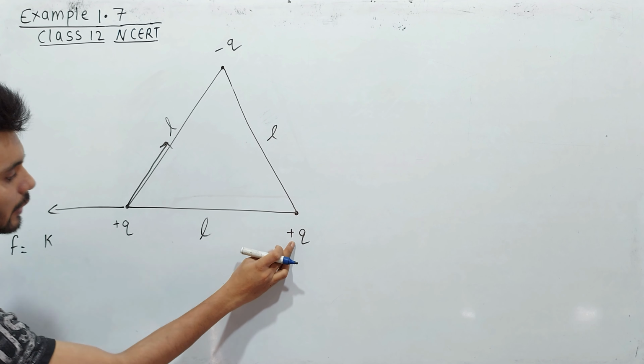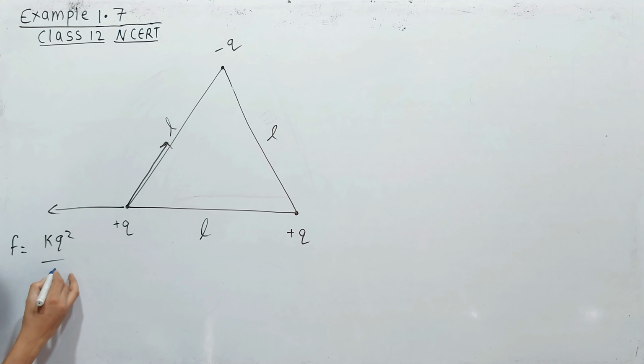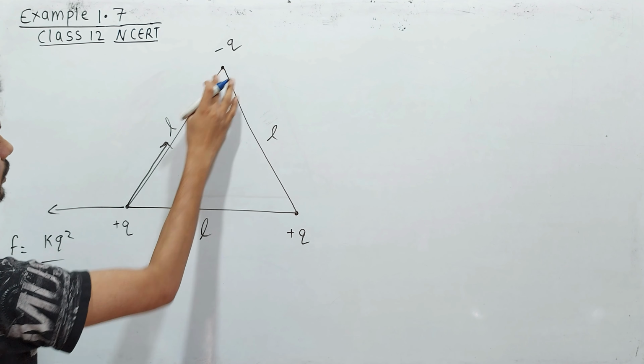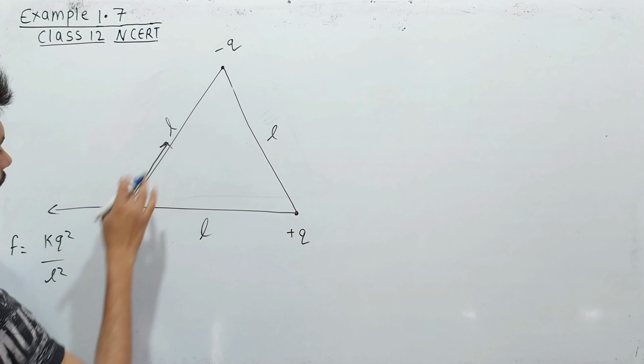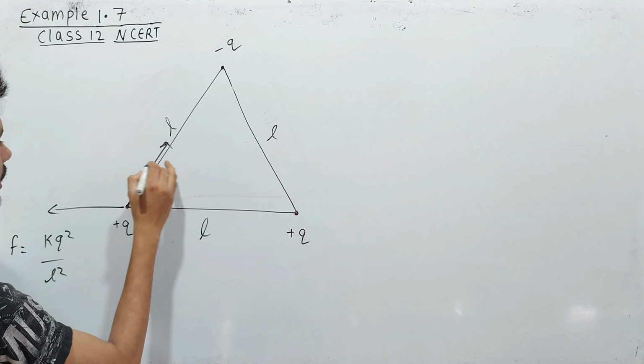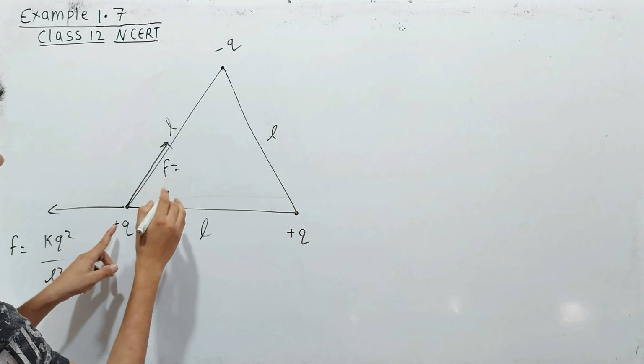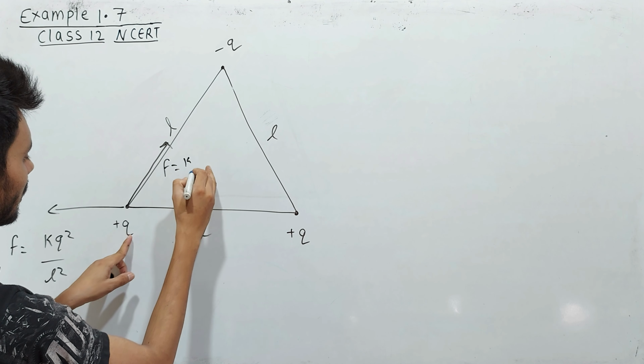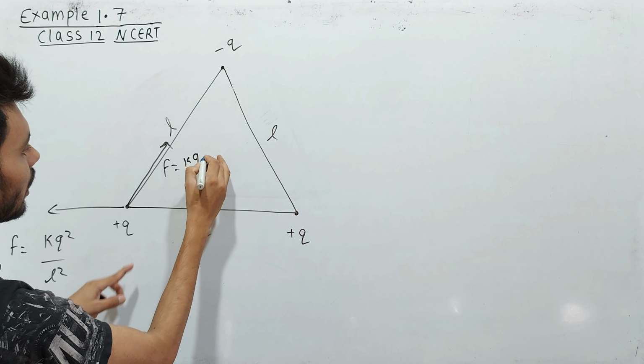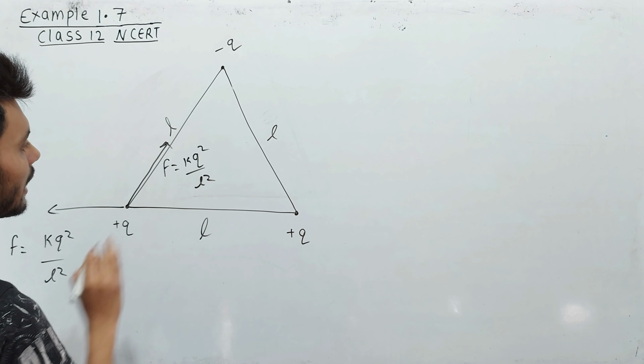Then Q1 Q2 becomes Q squared, so F = KQ squared by L squared. The force due to the other charge will be towards this direction, and again F = K Q1 Q2, that will become Q squared by L squared.